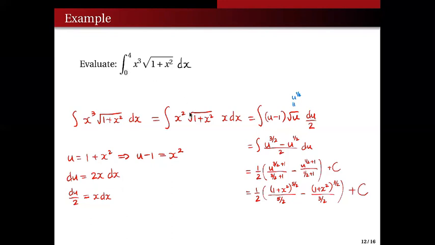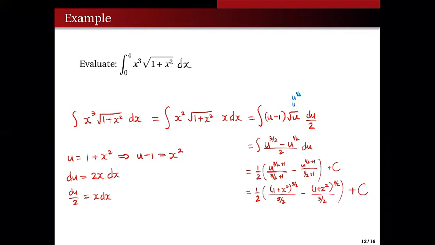And notice, I have the plus c here and here. That's because I'm doing the indefinite integral. But once I use this expression into this, I can just drop that c out.